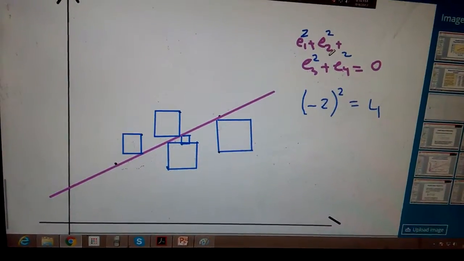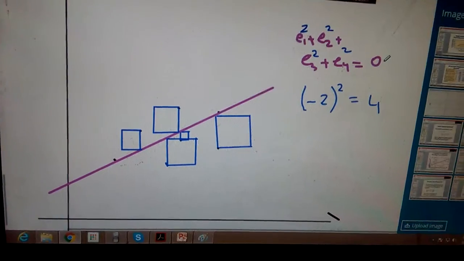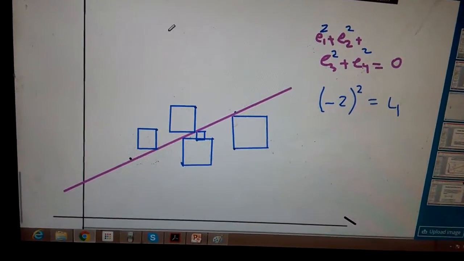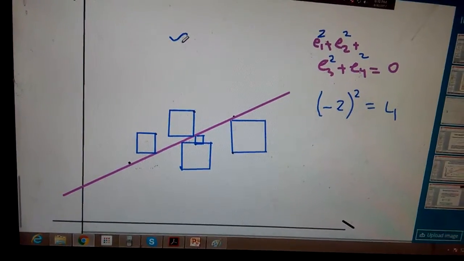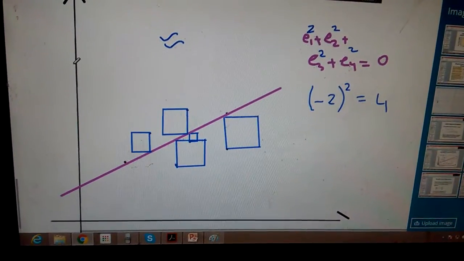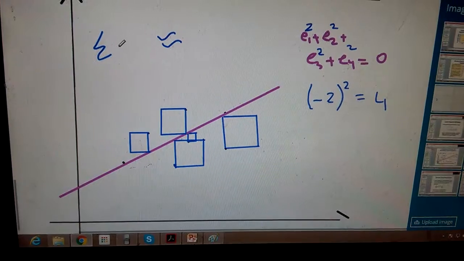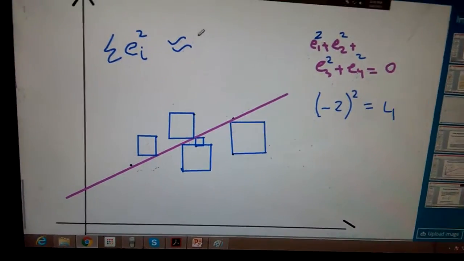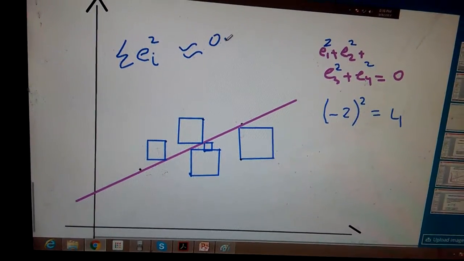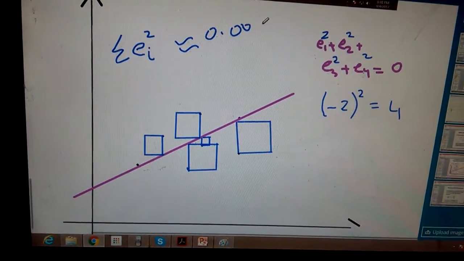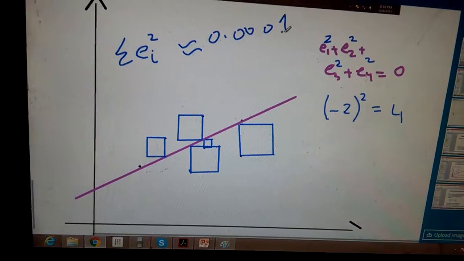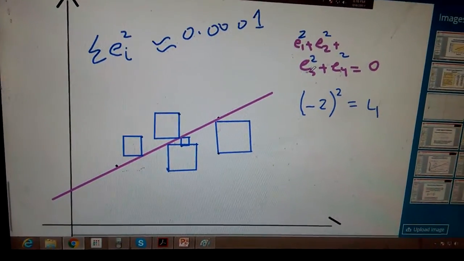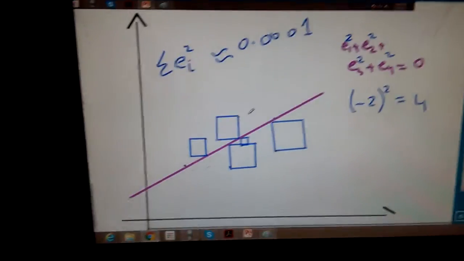How can they give you a zero answer? The sense of saying all this is that the summation of all these squares should give you an answer very, very close to zero. For example, 0.000000000 and then some value. It is extremely negligible, so it is almost taken to be zero. That's the sense being talked about.